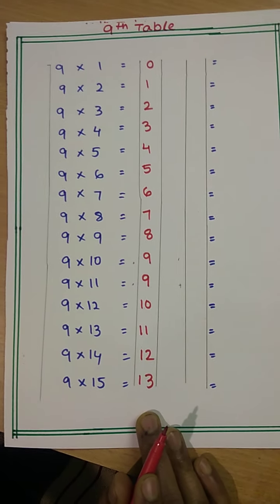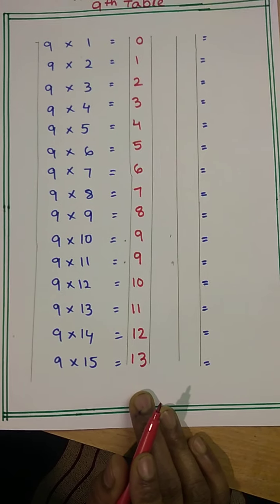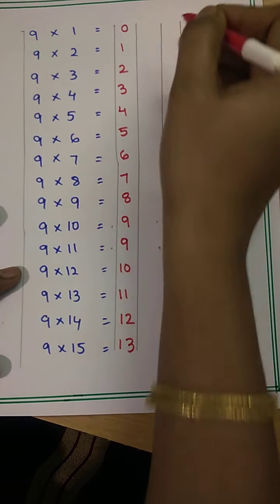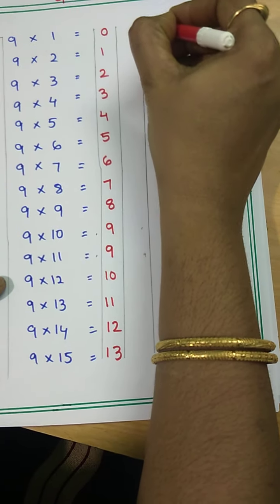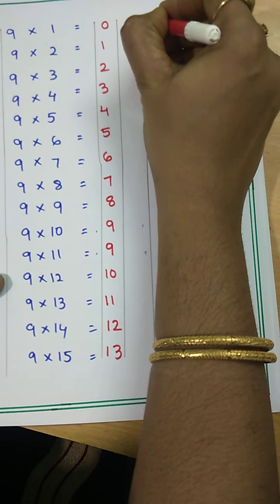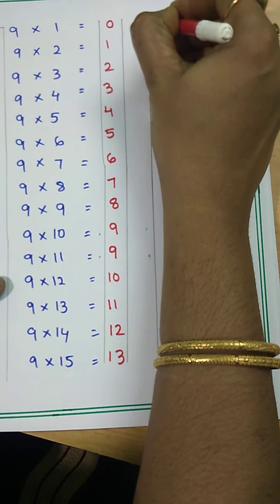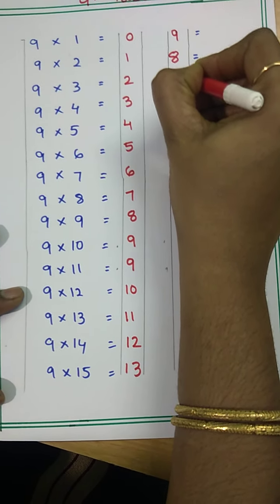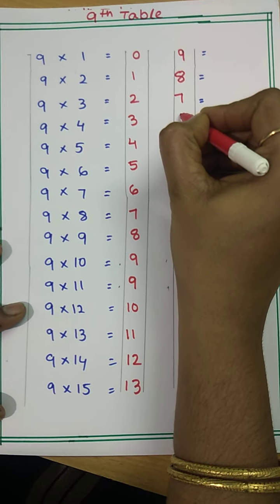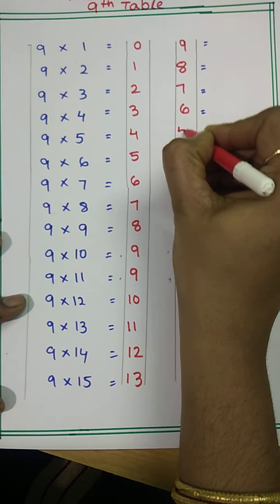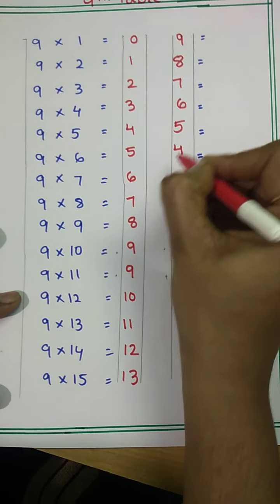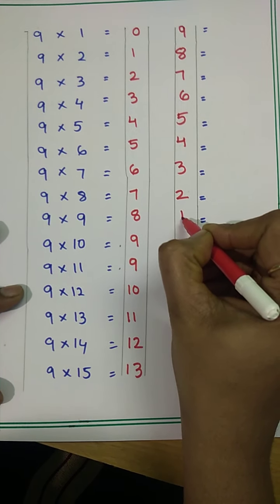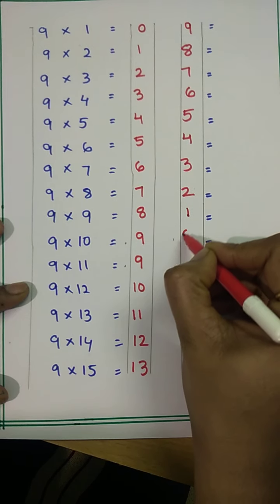Now we need to write the numbers in descending order. We need to start from 9 onwards: 9 8 7 6 5 4 3 2 1 0.